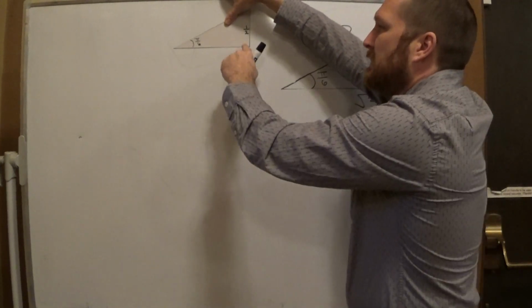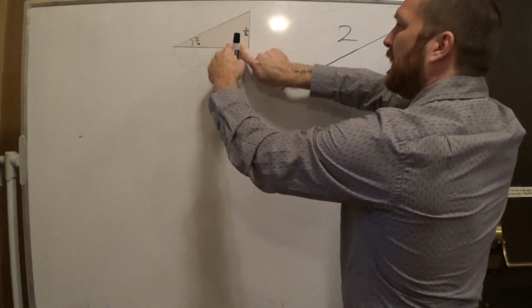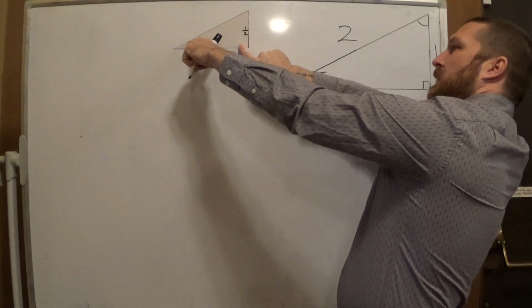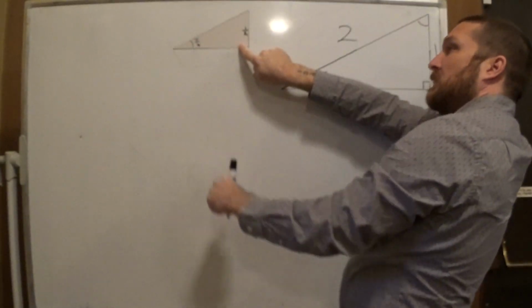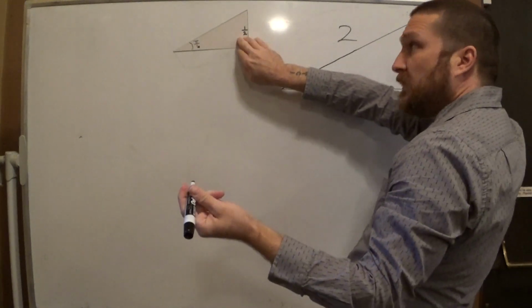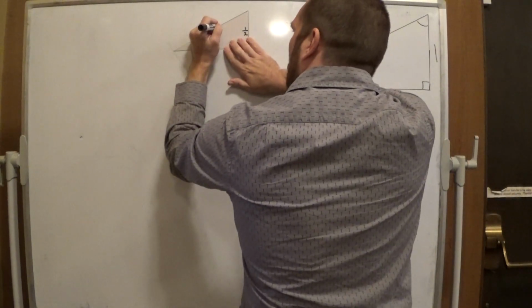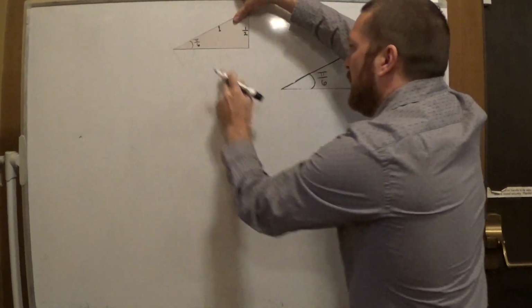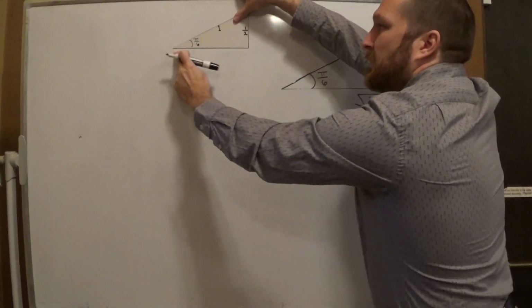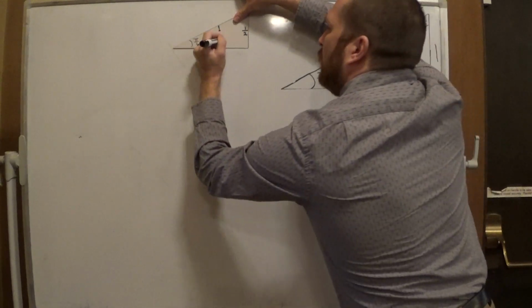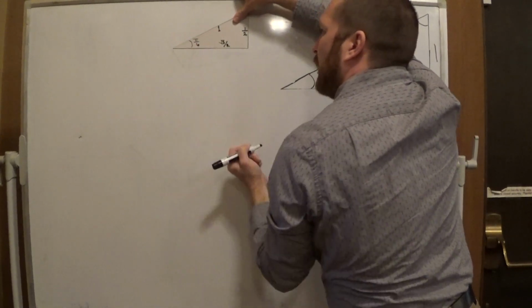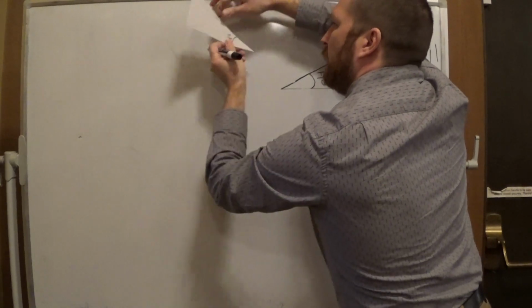Okay, and therefore this length right here must be what? The hypotenuse is 2 over 2, or 1. Okay, so there's 1 right there. A nice 1. And therefore this length from here to here must be what? Root 3 over 2. Okay? Now, what about on this side?